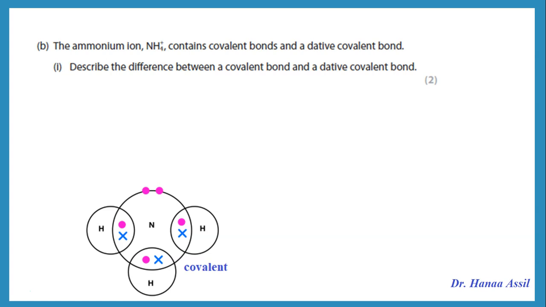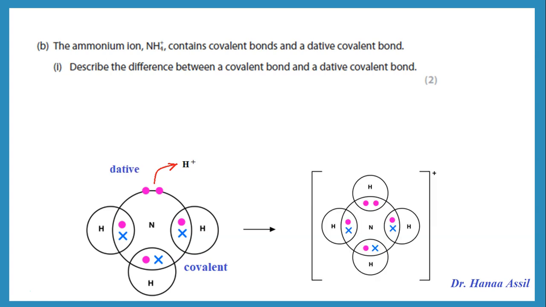So in a covalent bond, the shared electrons come 1 from each atom. But then if we're trying to make ammonium, how does this make ammonium? The lone pair of electrons left on the nitrogen are used to make a bond with the H+. Now that is a dative bond, because for that bond, both electrons being shared are coming from only one of the atoms.